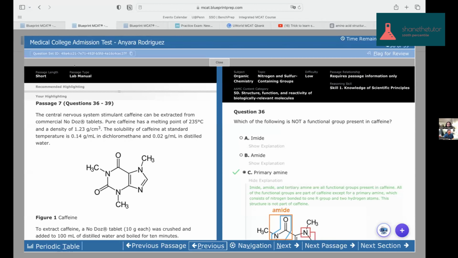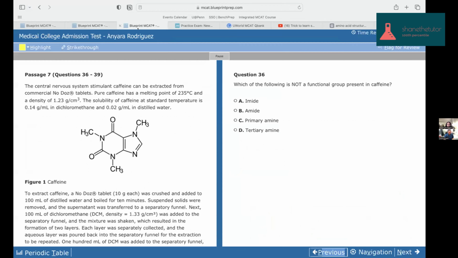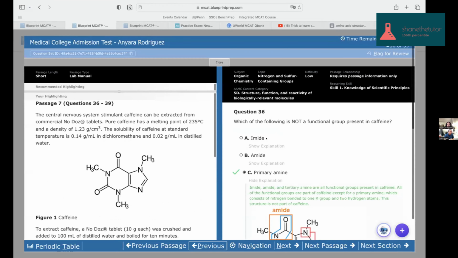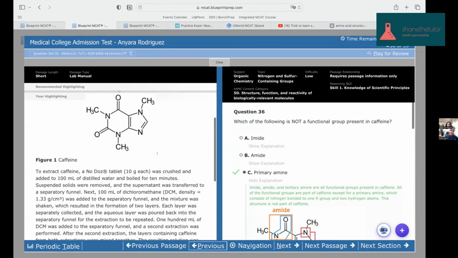Is that the one? Could you open that up so we can take a look at it? I have both of them open. Let me know which one you prefer. I have this one and this one, with answer and without.